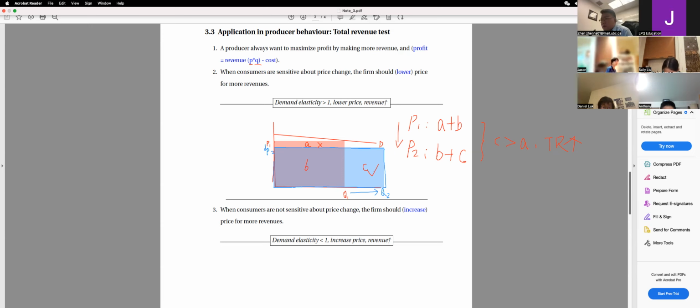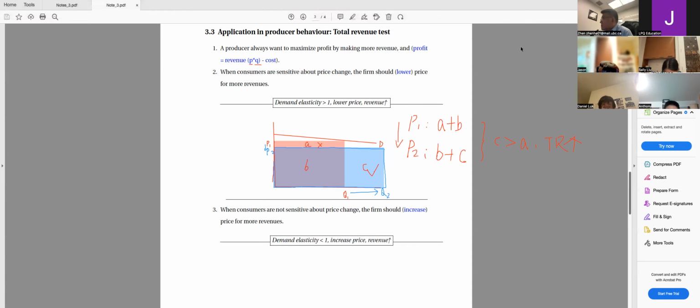You finished? How did you guys draw the graph for the third one? Can somebody show your answer maybe? Who finished the graph for question 3?